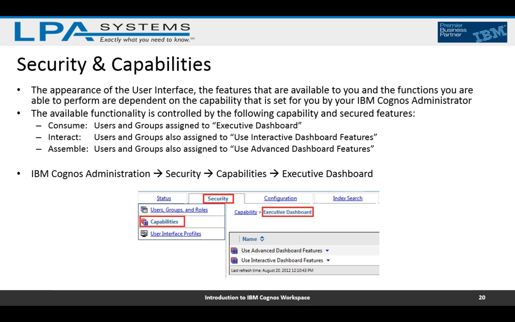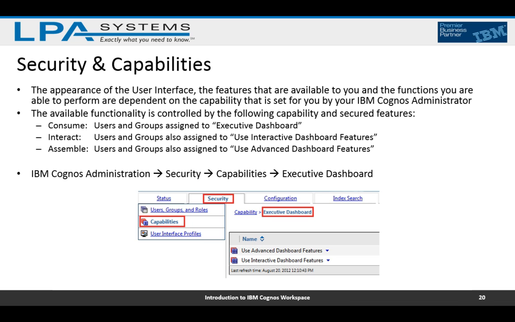One of the other things you have at your disposal is the ability to control what users can or can't do in your workspace. So let's say I have a group of users that I just want to be able to view my data and not have the ability to, for instance, change the chart type or change the color palette or things of that sort. Well, I have these three different access levels: consume, interact, and assemble.